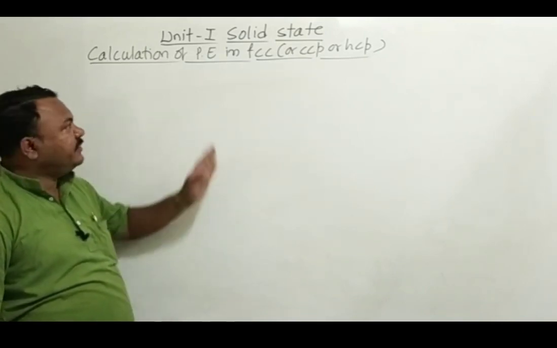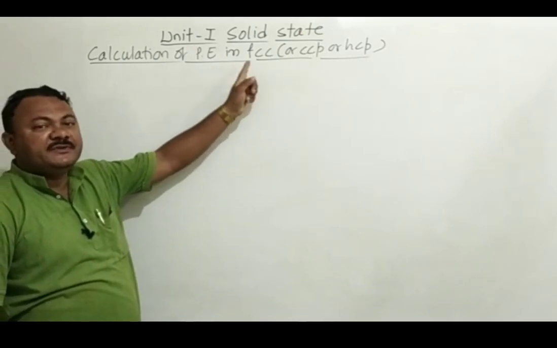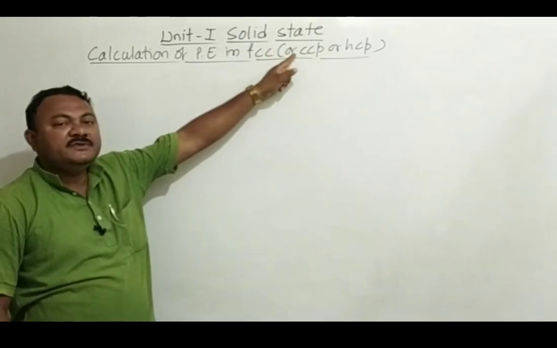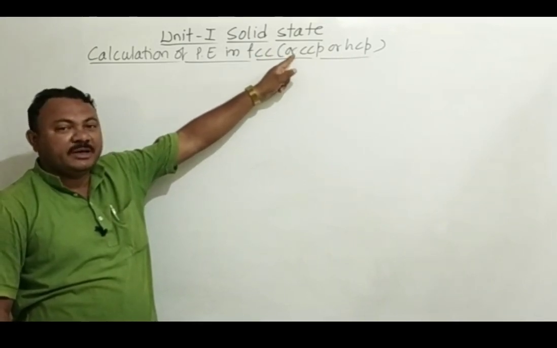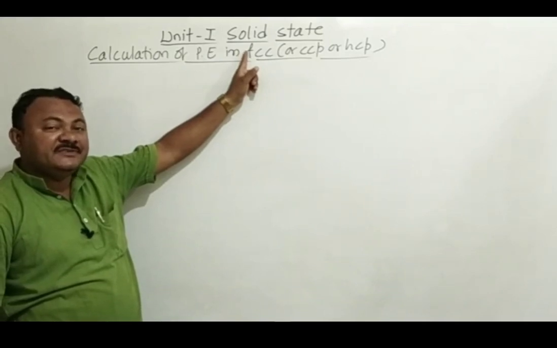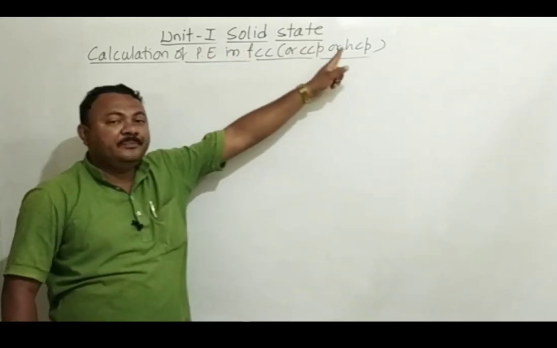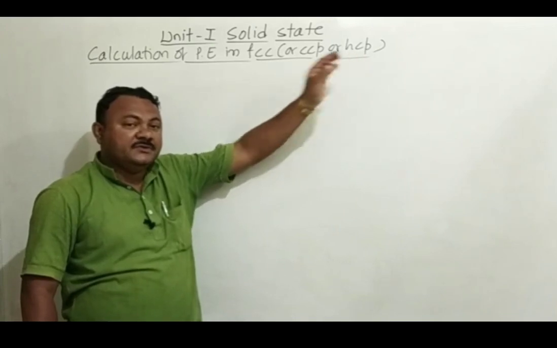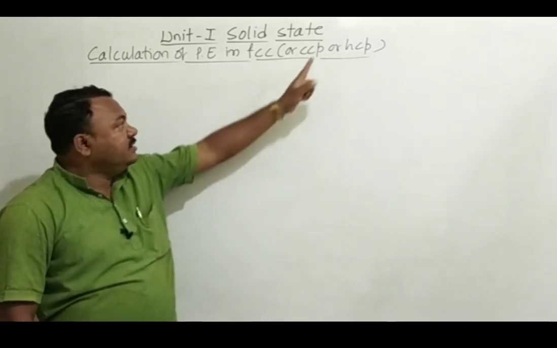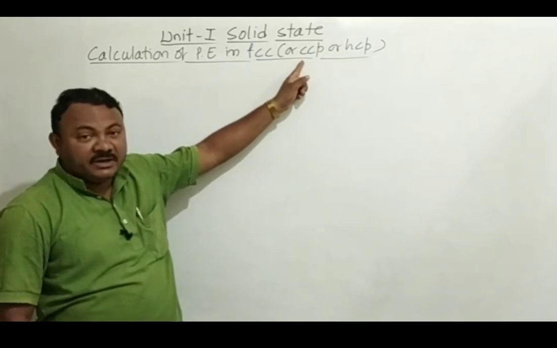And first calculation we do, calculation of packing efficiency in FCC. We know this. FCC is nothing but CCP. We learnt about this in the close packing. Whatever the packing efficiency we are getting in the FCC, it is same in HCP. See, don't get confused with HCP and CCP. These two close packings are different.